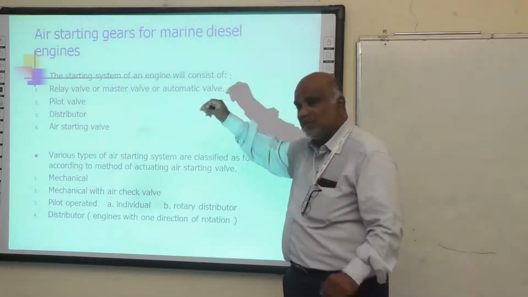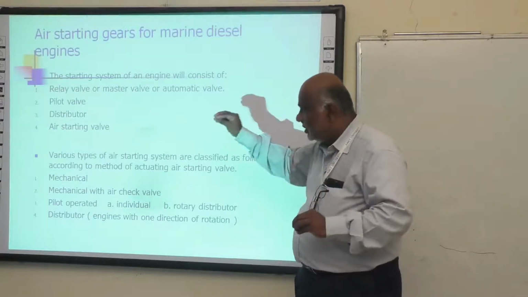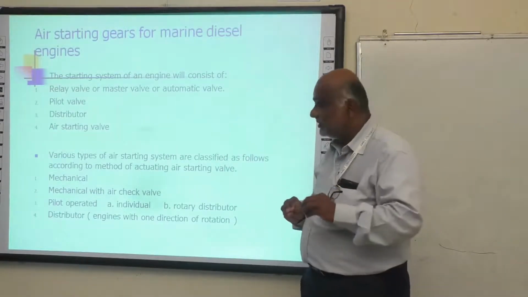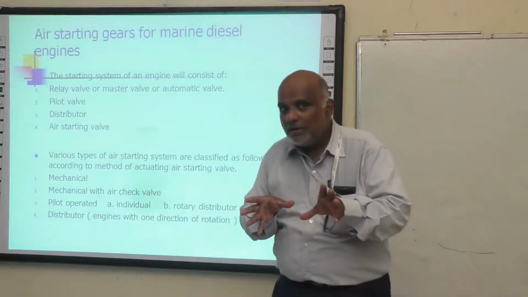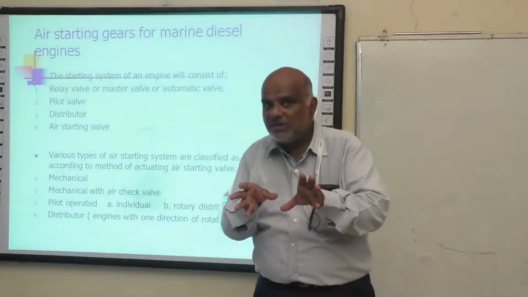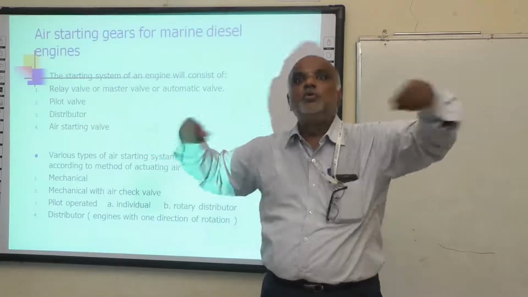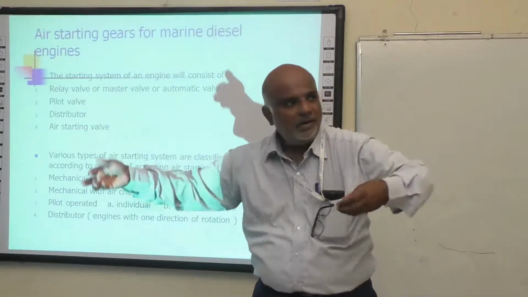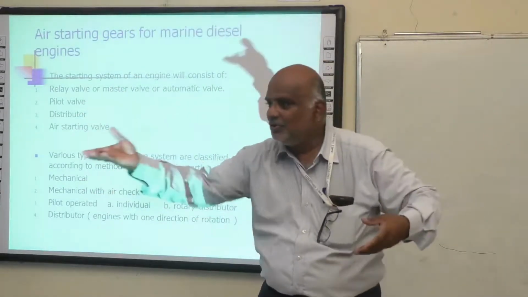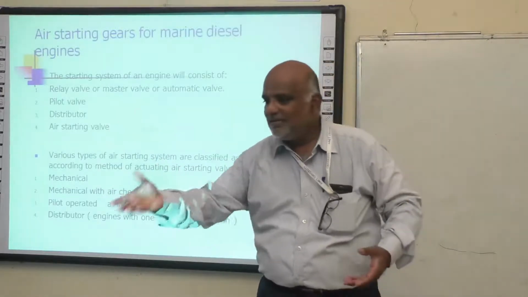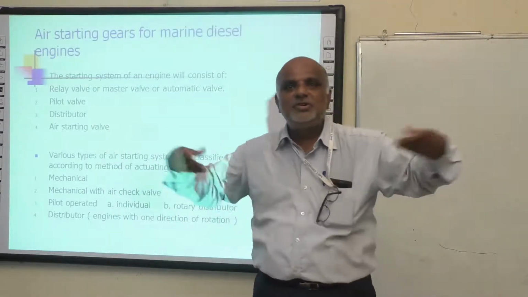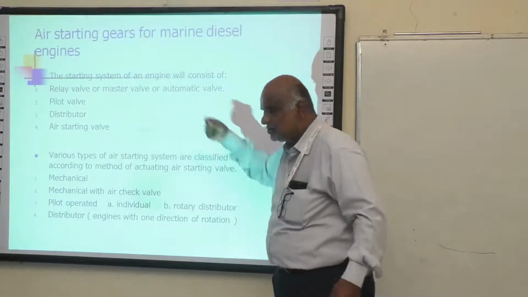The next is it should have a pilot valve. The third point is it should have a distributor to distribute. The word itself says distributor, it is to distribute. To whom? Number 1, number 5, number 2, number 6, number 3, number 4, like that. That is why you call it distributor.